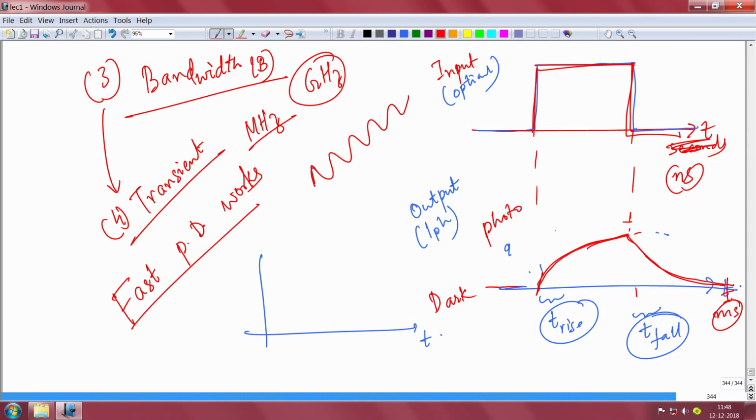I'm talking about light on and off, on and off, on and off. This is called modulation frequency, okay. You are modulating the light on and off at a certain speed or frequency. Can the photodetector's photocurrent also follow this signal on and off as fast as the light signal? That represents the bandwidth or the speed of the photodetector, okay.